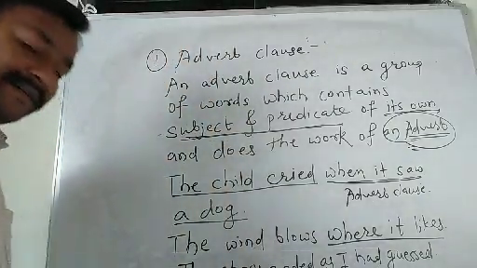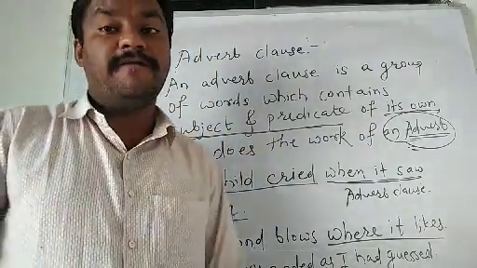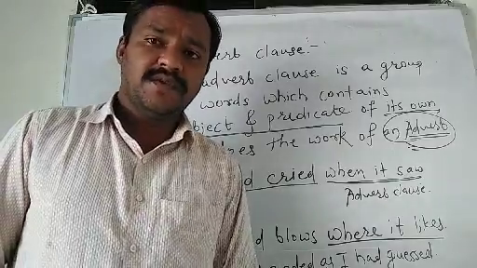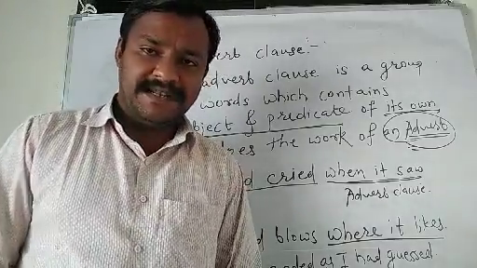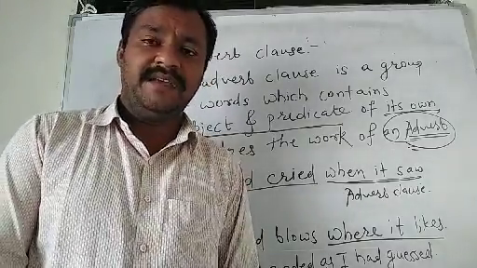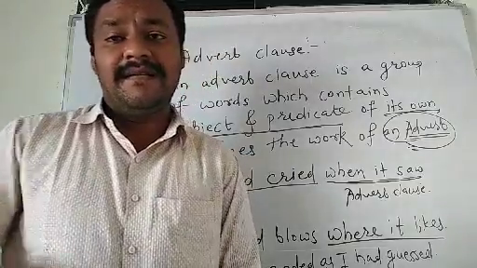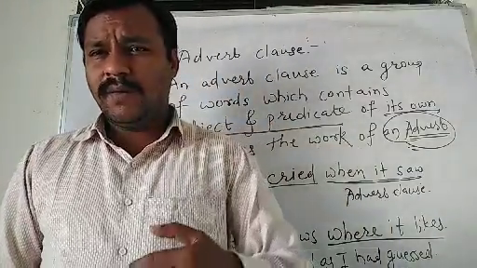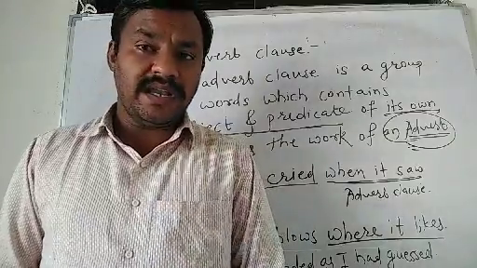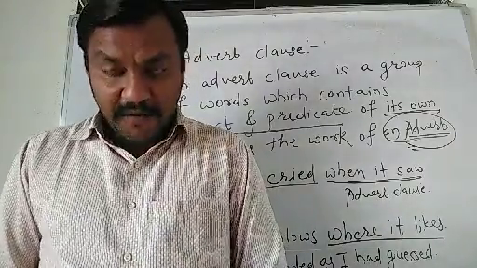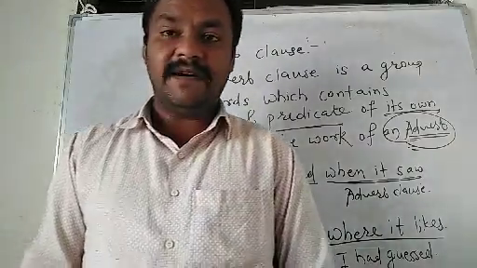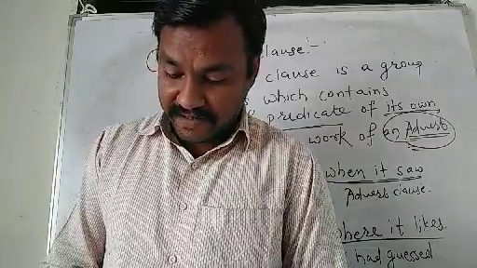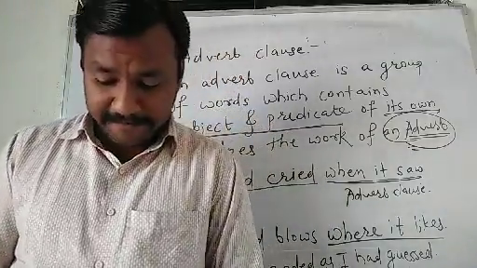So there are 9 types of adverb clause. Related to the examples and some tricks, let me explain. There are 9 types of adverb clause. First let me tell you orally which types they are. First, adverb clause of time. Second, place.